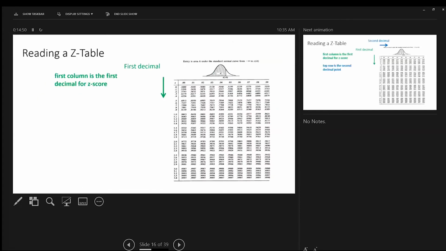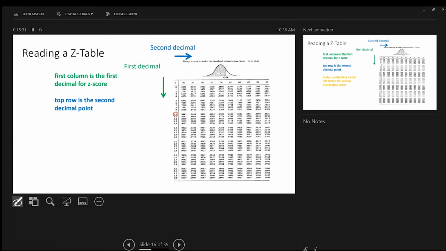So when we read the table, the first thing that we do is we go down the left column to find the first decimal for the z-score. Our tables look slightly different from this, but it's pretty much the same thing. So we have 0.0, 0.1, all the way down to 1.0. So that's our 10th place. And then next we go across to find our 100th place, like the second decimal point. So for 1.0, which is what I did, if our z-score was 1, I'd scroll down to 1.0.